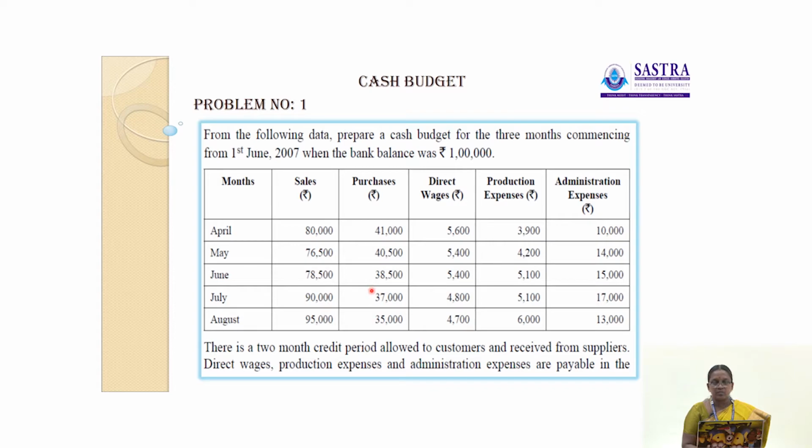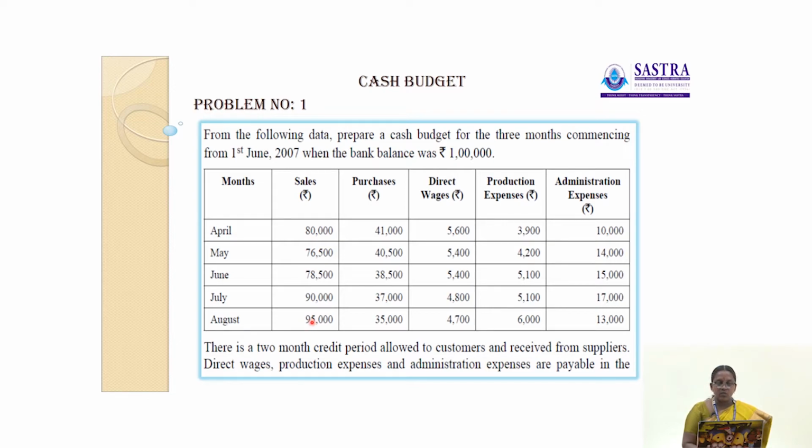In the month of July, 90,000 is the sales, purchases 37,000, direct wages 4,800, production expenses 5,100, administration expenses 17,000.